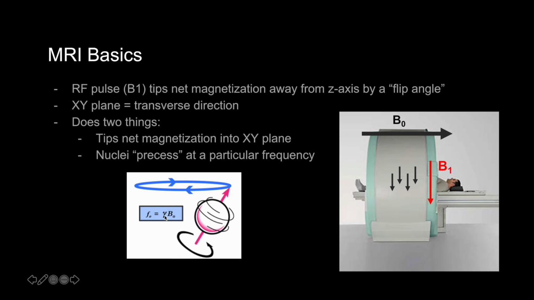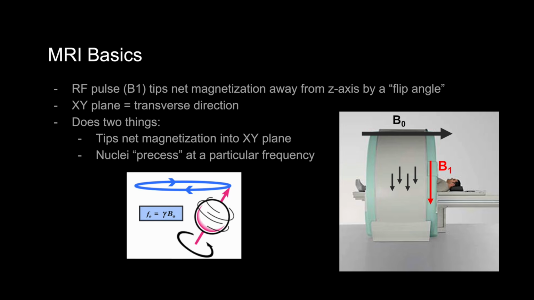The frequency also depends on the nucleus itself, which is reflected in this term here, gamma, which is the gyromagnetic ratio. If that's too much for now, just remember that the RF pulse does two things. It tips the magnetization into the xy plane from the z-axis and causes the protons to precess or wobble in sync at a particular frequency.